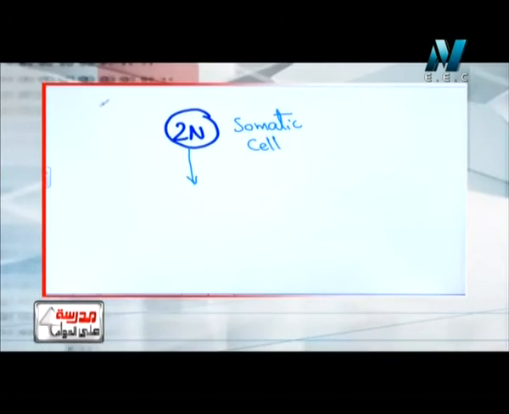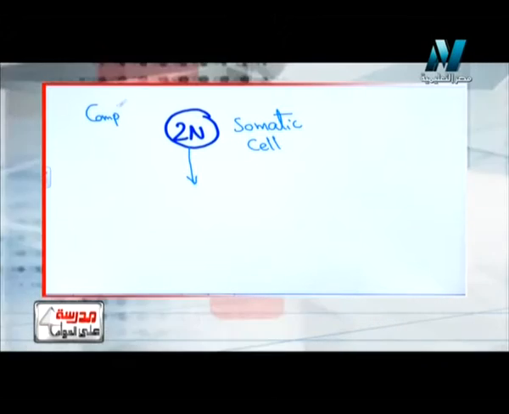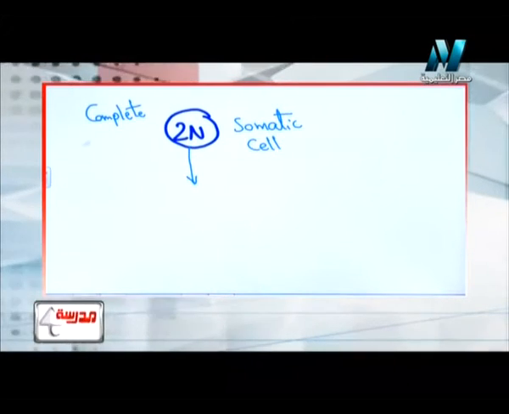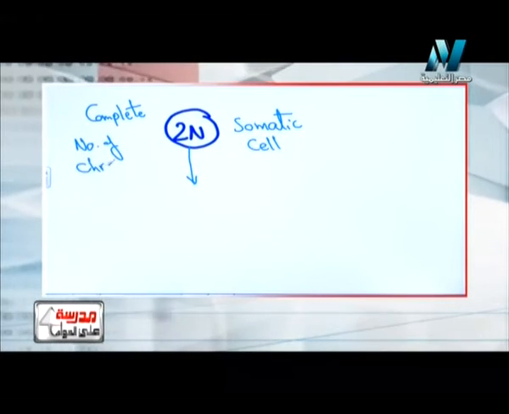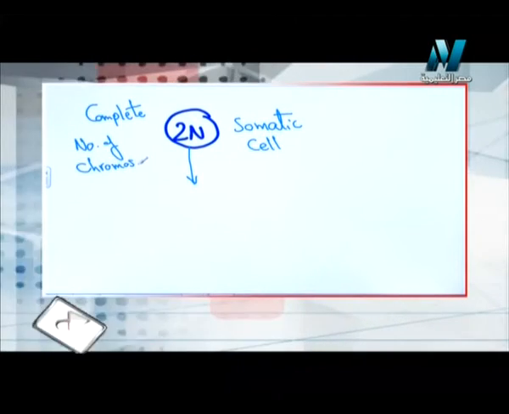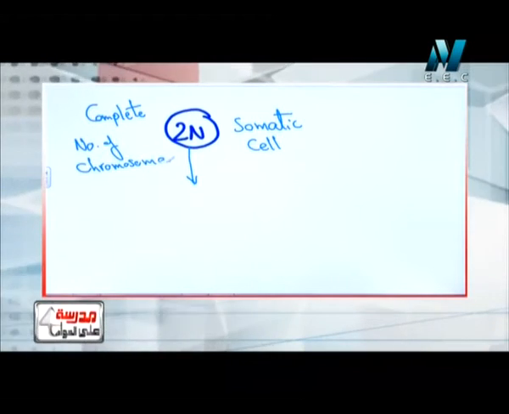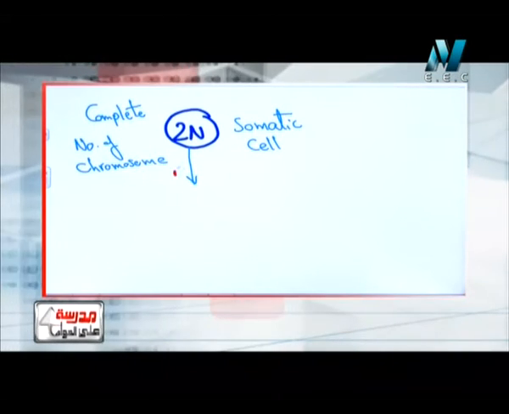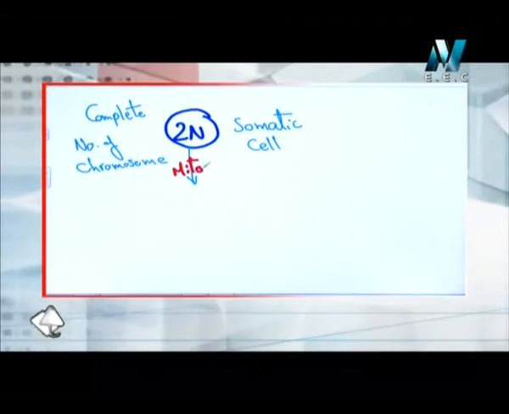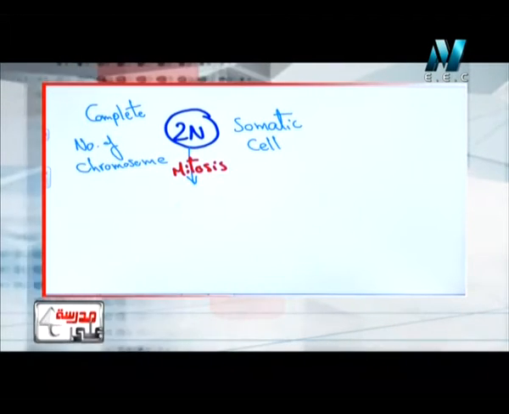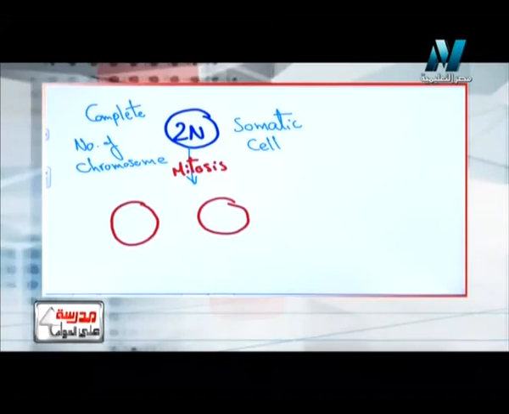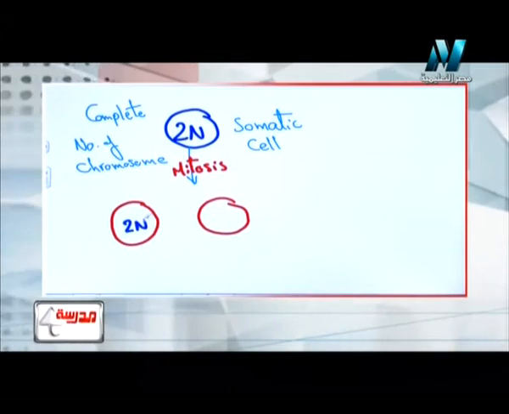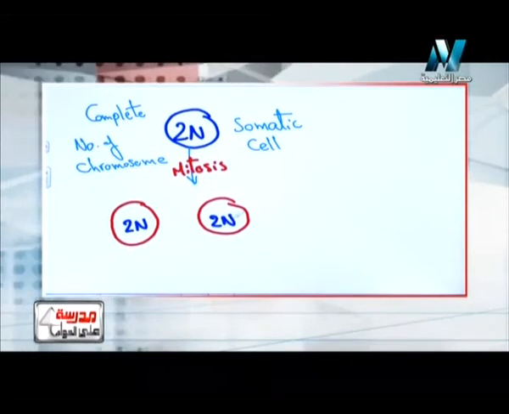Because it has complete number of chromosomes. By mitosis division or mitotic, it will divide into two cells. What will it become? Two cells. Each one of them is 2n. How come? We will know but not now.